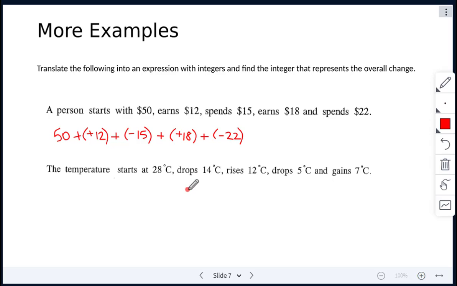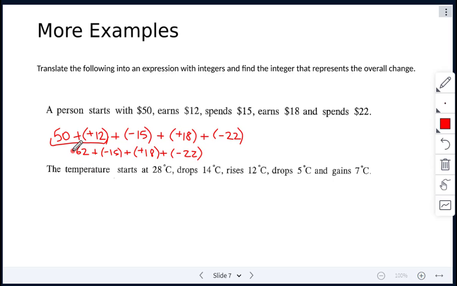All right, so now we can go ahead and solve for this. I'm just going to do it by steps. So 50 plus 12 gives me 62, plus the negative 15, plus the positive 18, and then plus the negative 22.